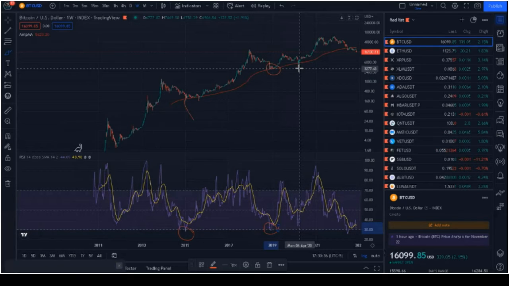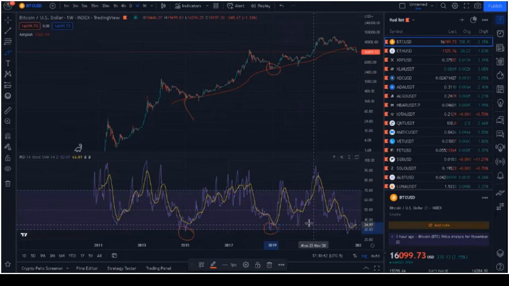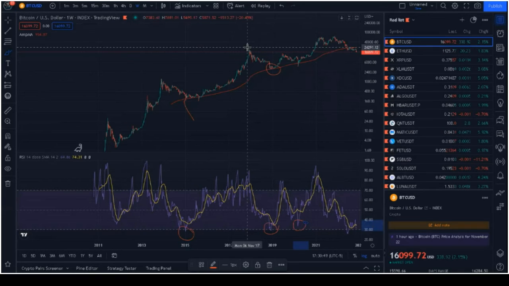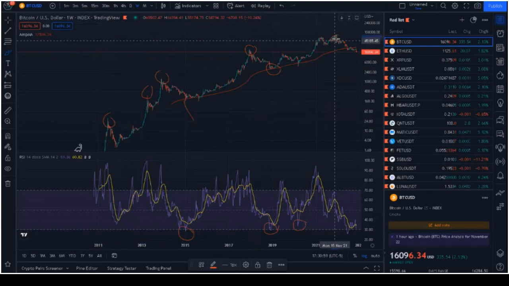But as you can see, for most of the times that we get these dramatic moves below the 200-week moving average, we also get these bottoms on the relative strength index. Now, at the same time, when you see these peaks, peak, peak, peak, and double top, look at what they're doing.